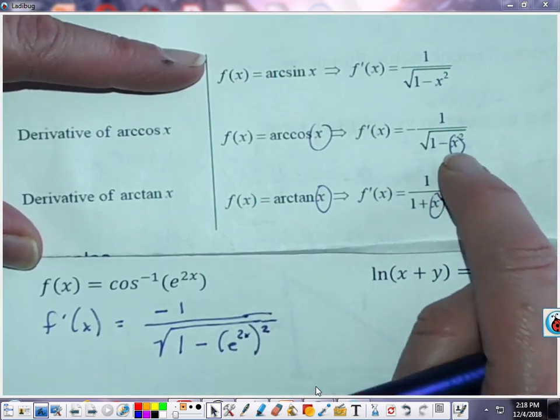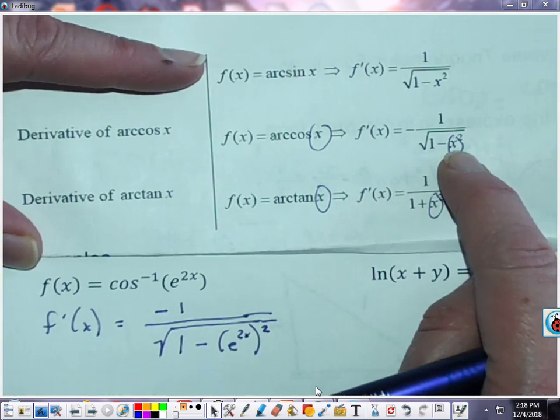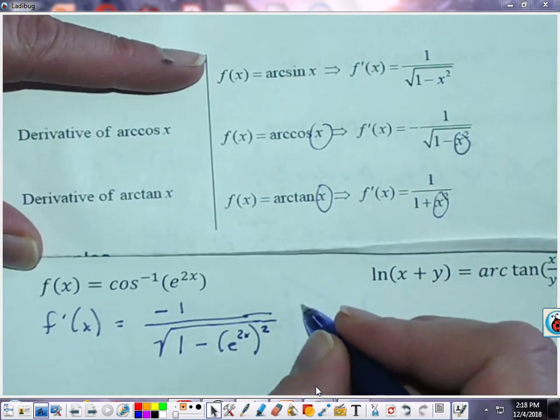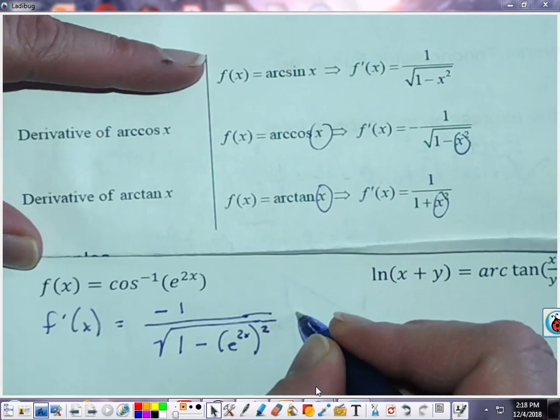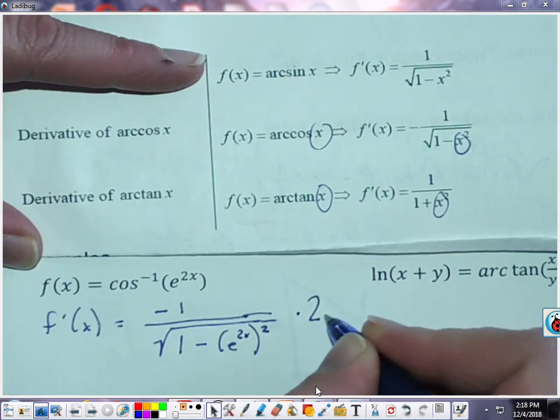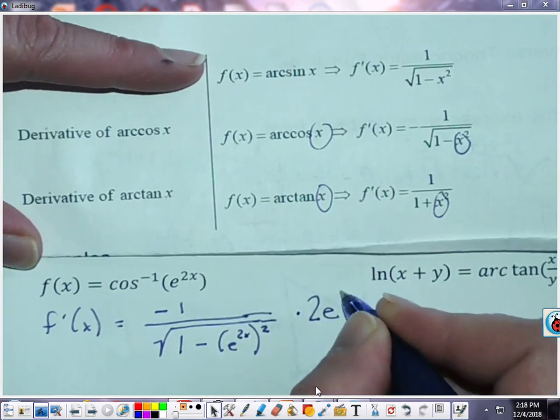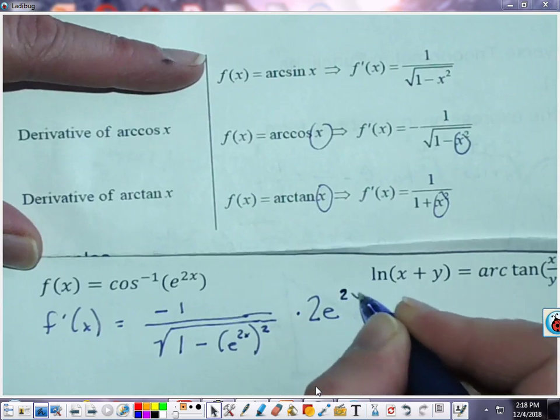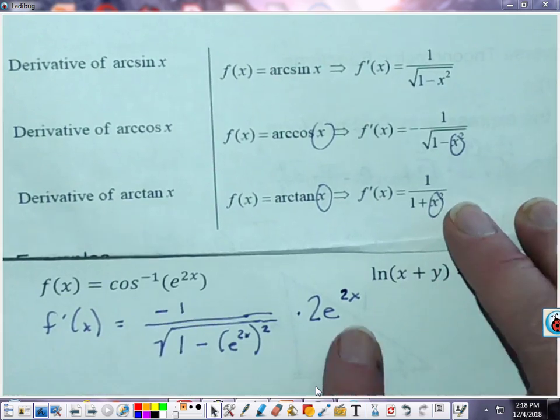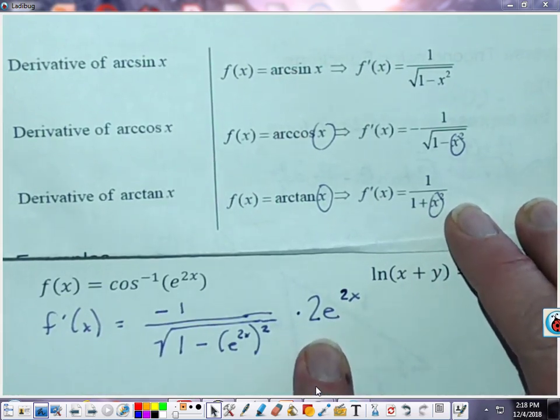Okay, so I just put e to the 2x instead of the x. And then I have to say times what? So the derivative of the 2x is e to the 2x times 2.